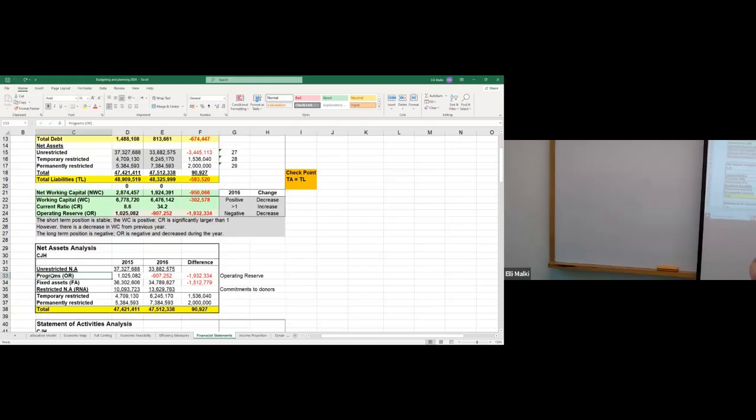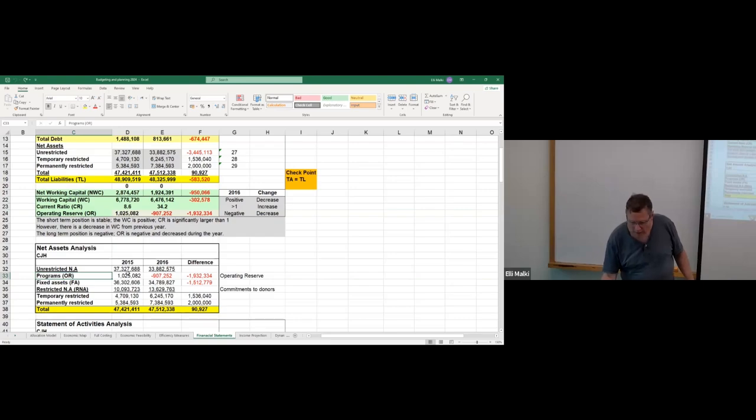Operating reserve is the long-term measure of the organization's financial stability or vulnerability, and it shows the difference between our financial assets and all our commitments, including commitments to donors, which we didn't have in the case of families, because families don't have commitments to donors, but which are reflected here as the restricted net assets.